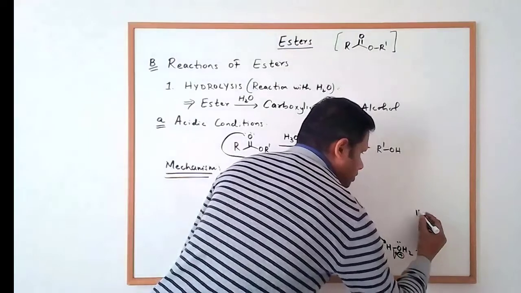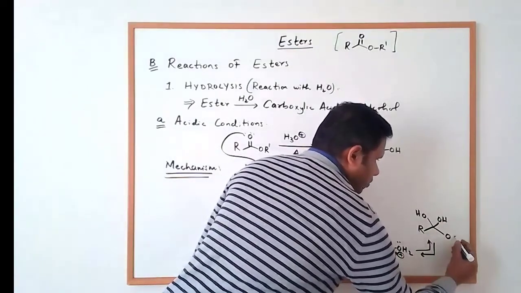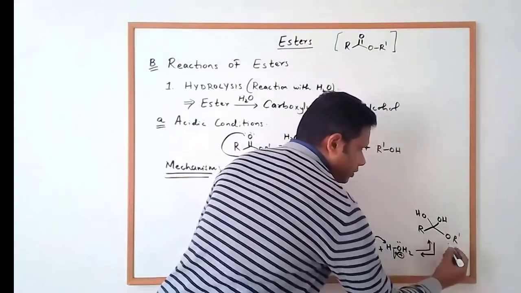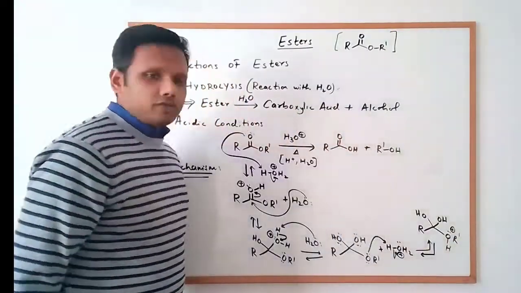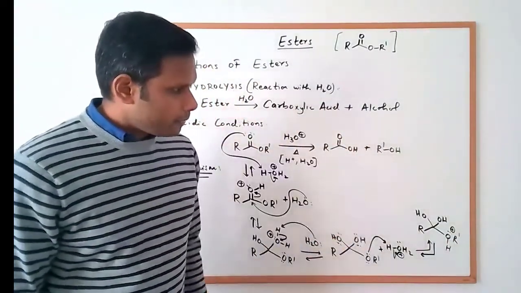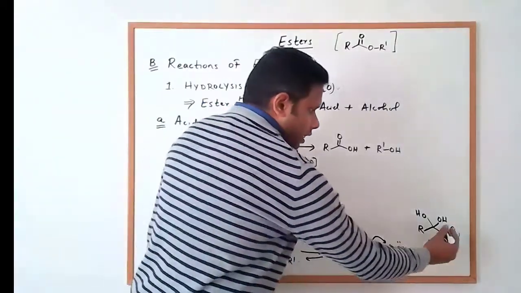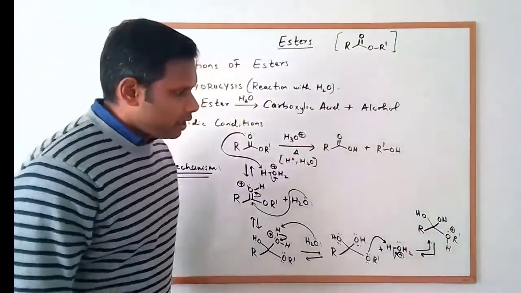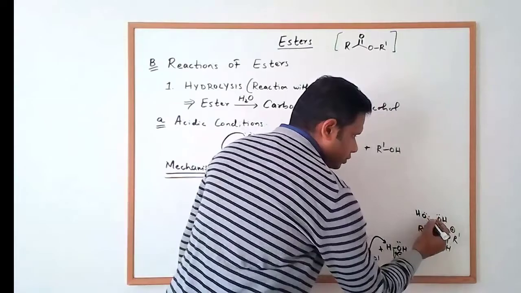So it will take us to the next step where we have R C hydroxyl group, OR prime, OR prime, and there is a hydrogen here, one lone pair and one positive charge. And at this point, the protonated alcohol that we've created here can be pushed out.